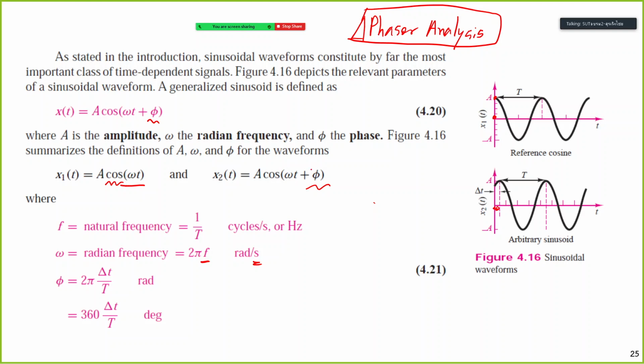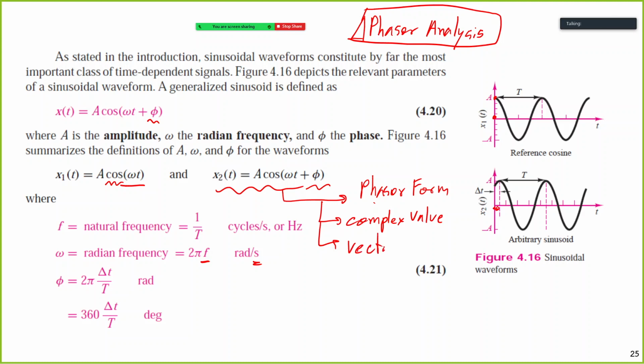So the periodic signal will change to phasor form. In phasor form, we can say it's a complex value, or in vector form, right? So in this case, the periodic signal will be represented by the complex form.